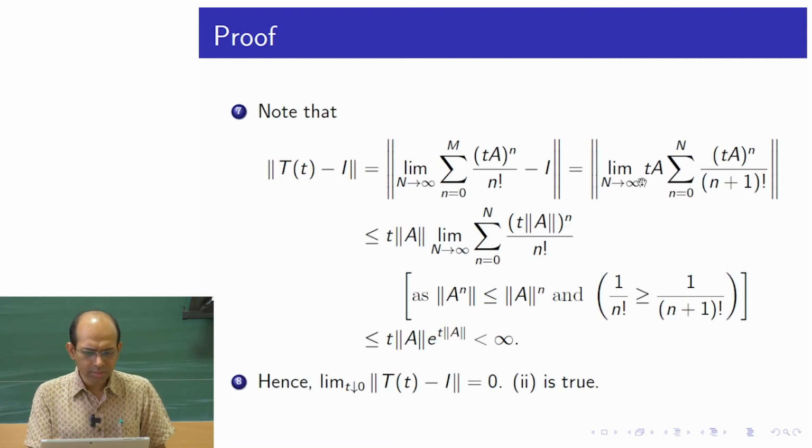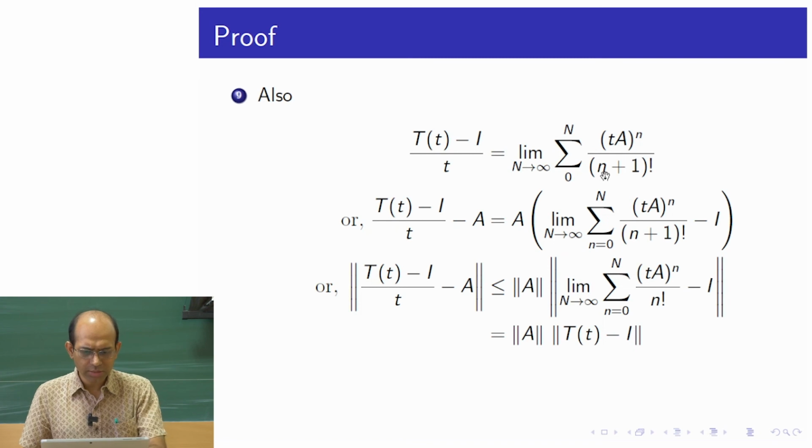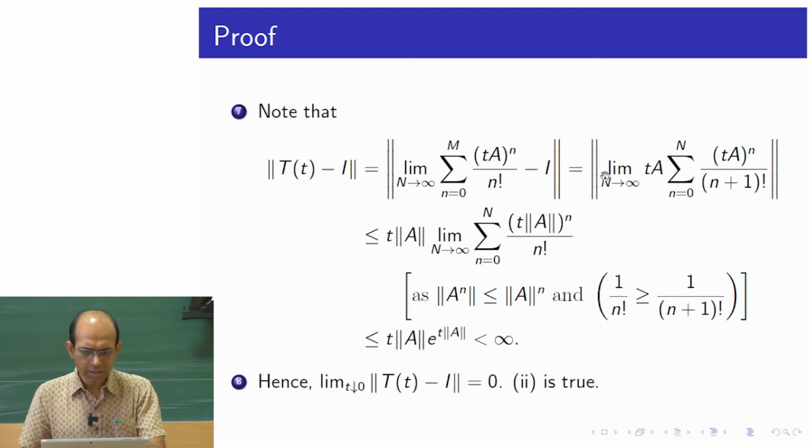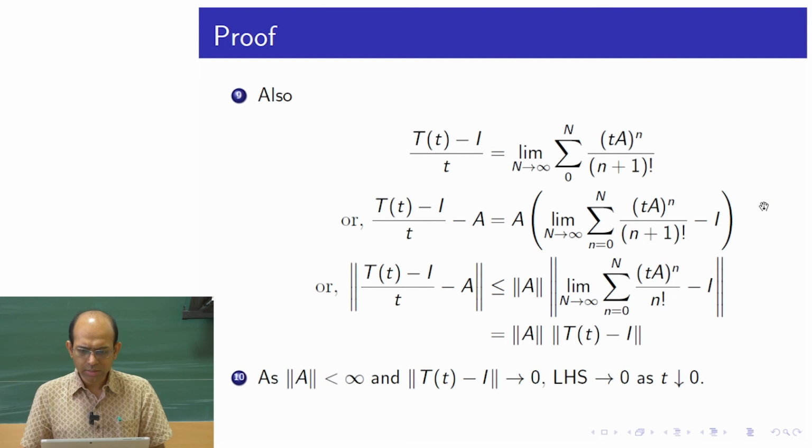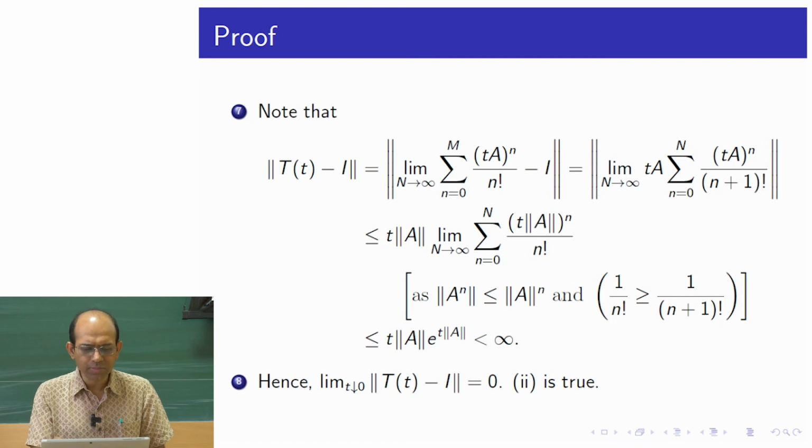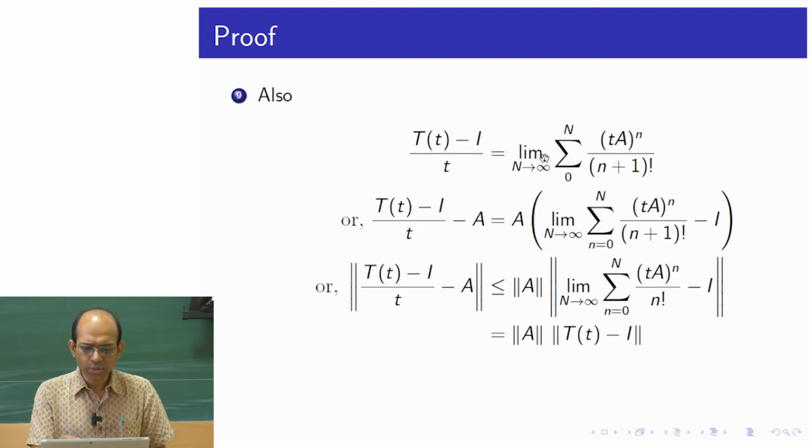There is a typo here: Tt minus I by t is a times the sum from n equal to 0 to capital N of t a to the power n by n plus 1 factorial. Something is missing, a is missing, so I should get a here. So Tt minus I divided by t is equal to the limit as n tends to infinity of a times this summation.